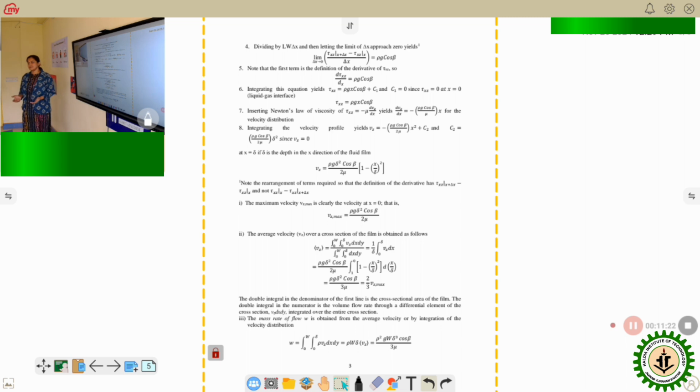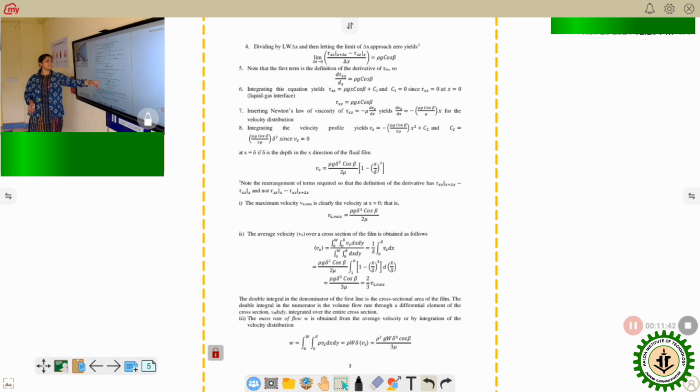After that, we obtain the average velocity. The average velocity over a cross section of a fluid film is obtained as Vz average equals the volumetric flow rate by flow area. What is the volumetric flow rate?